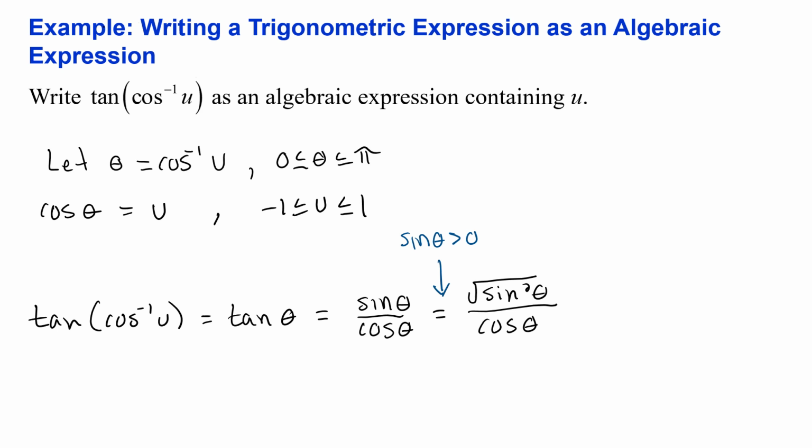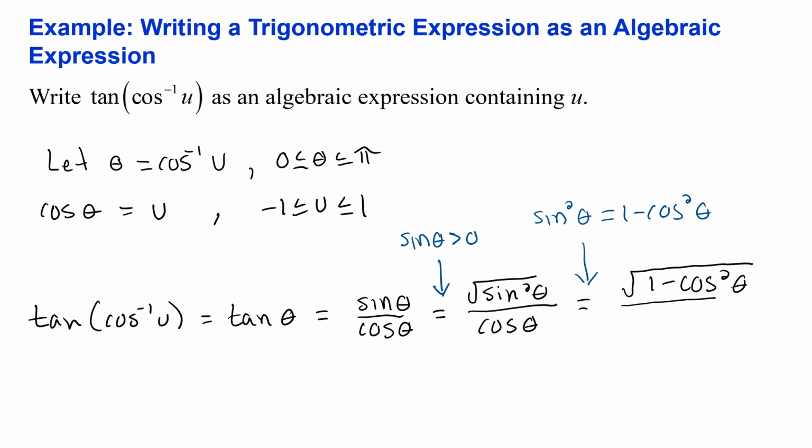Next, from the Pythagorean identity, we know that sine squared of theta equals 1 minus cosine squared of theta. So our expression can be written now as, in the numerator, square root of the quantity 1 minus cosine squared theta, and then in the denominator, we still have cosine theta.